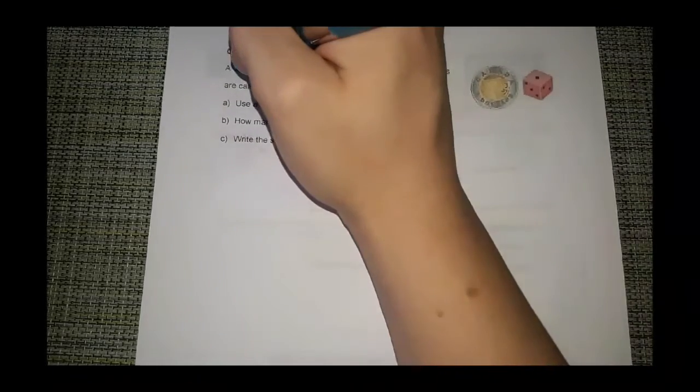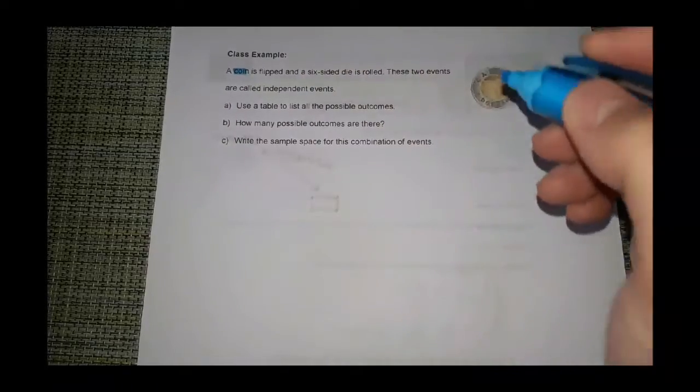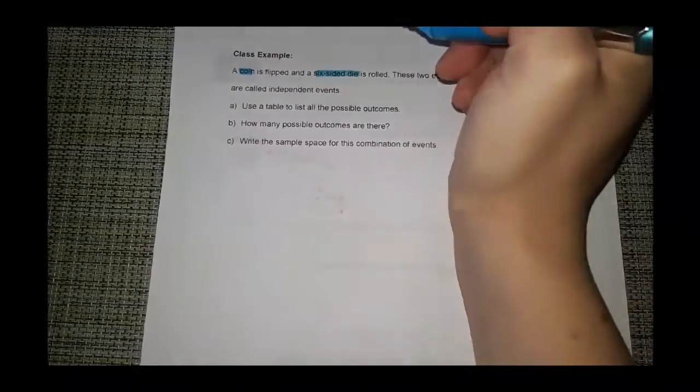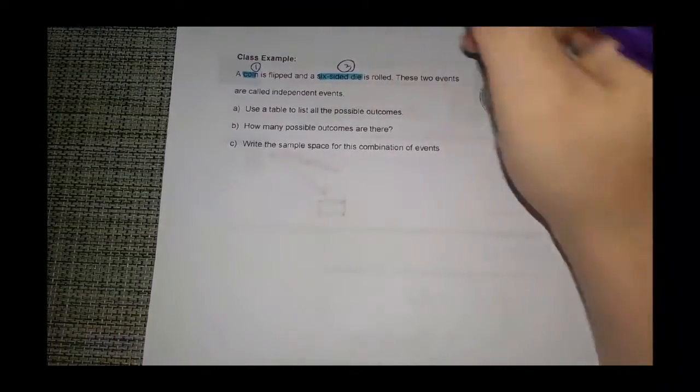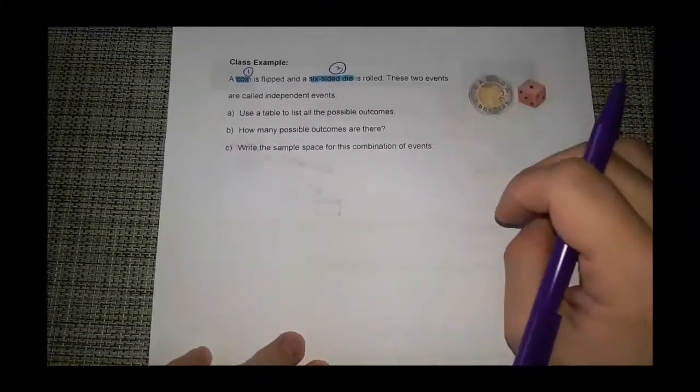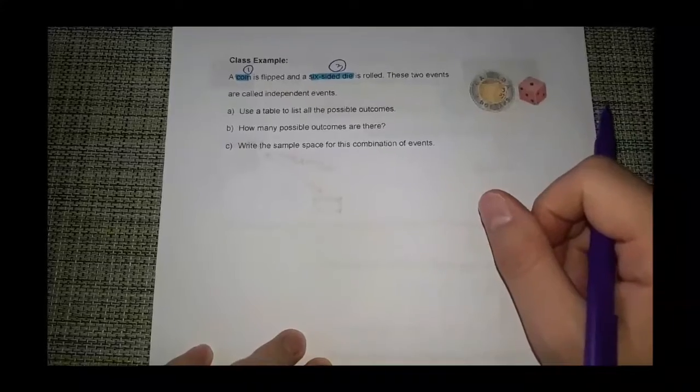These two events are called independent events. I'm going to highlight a coin, which is event number 1, and a 6-sided die, which is event number 2. And we are imagining throwing these two up in the air, something like that.